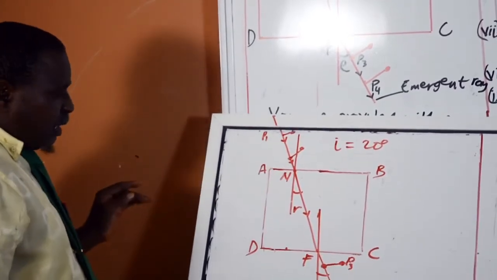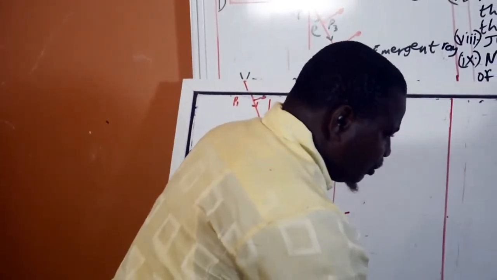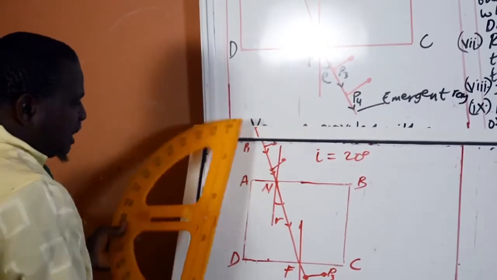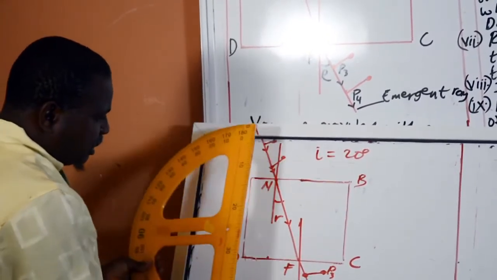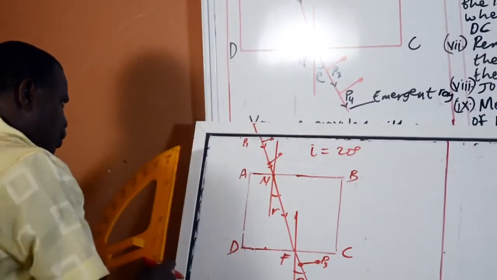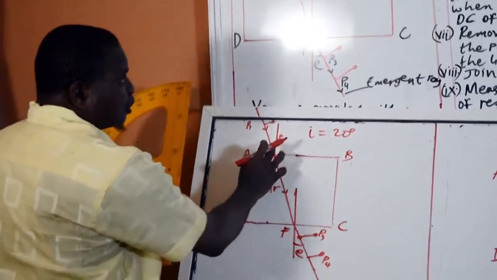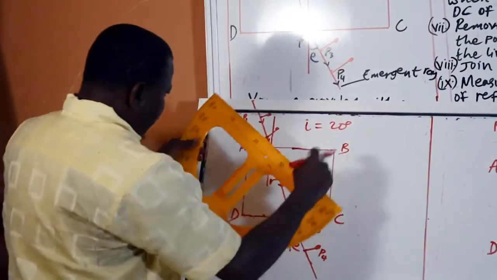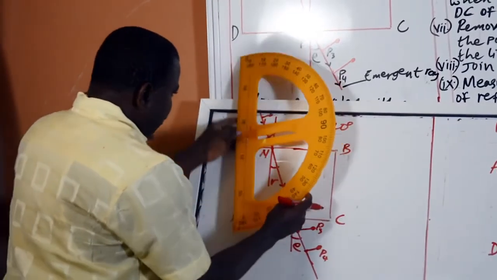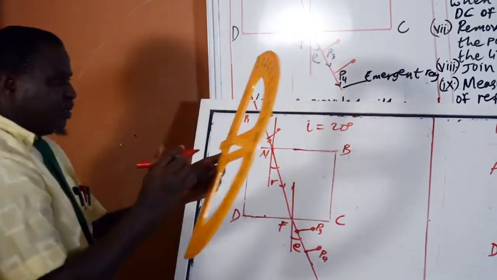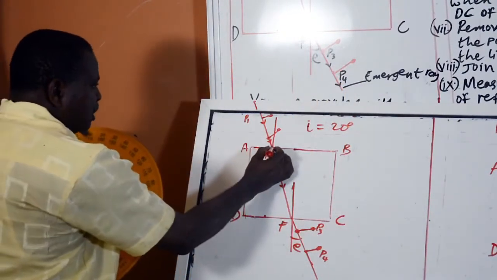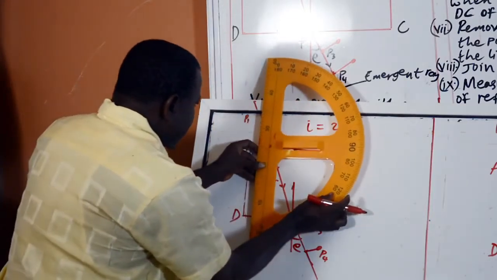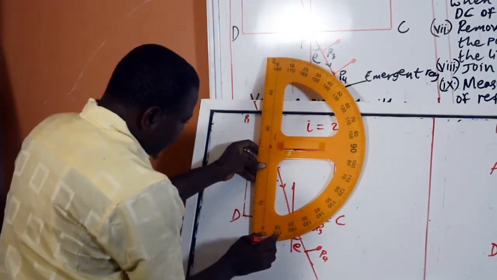Now, this is the complete experiment. Now, in order to measure this angle, to measure this one, we are going to use angle of refraction. We are going to place your protractor like this. This O will be on this point where normal joins AB. So you now start reading.